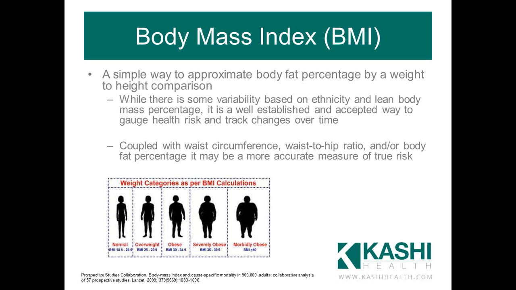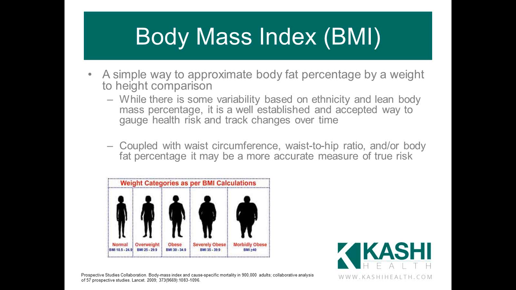Largely, obesity is classified based on the body mass index. Obesity is defined as a body mass index of 30 or above, and while there are some limitations to body mass index, it is a very reliable way to gauge body fat percentage based on a simple in-office or at-home weight to height comparison.